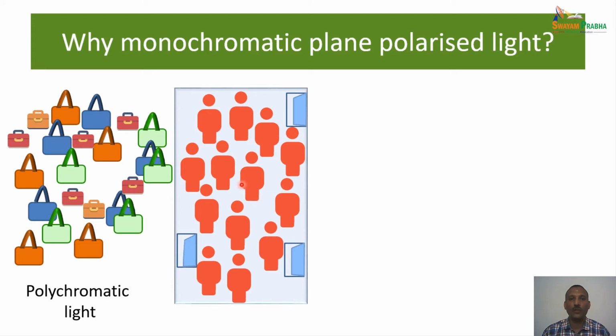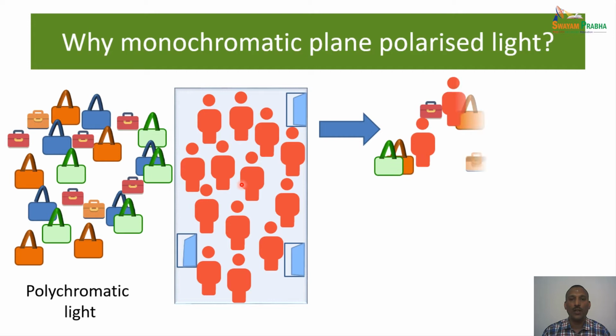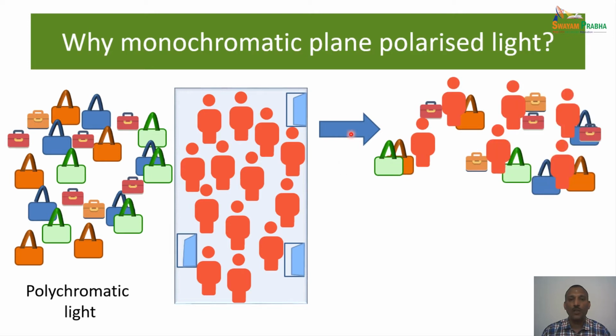Our job is basically to find out, if the people are allowed to take two bags per person, when they are coming out, how many people came out and how many bags they have taken out. So this is going to be a big challenge because there are one, two, three exits, so we have to monitor all three exits.